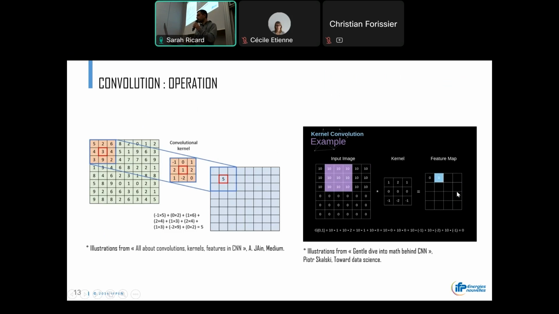And in this way, you can compute a series of values. For instance, here you have an image, okay? You have a kernel, and you can compute for each position of your kernel the value of the operation, and you can construct what we call, in computer vision and in the CNN domain, the feature map. So feature map is just the value of the convolution when we apply a kernel to an image.